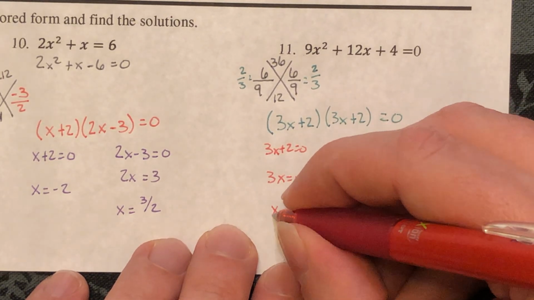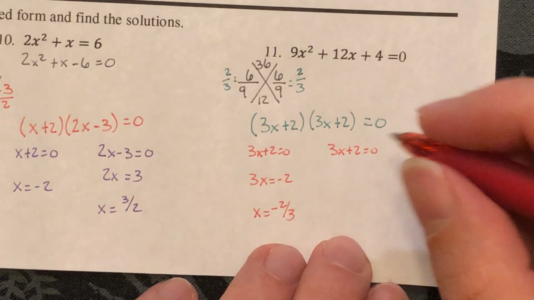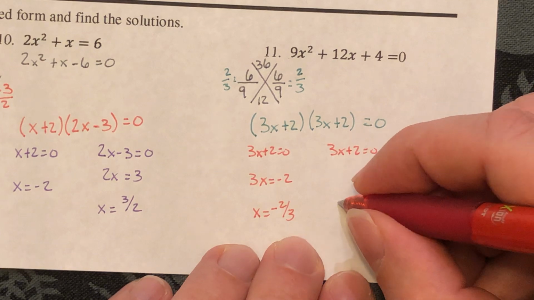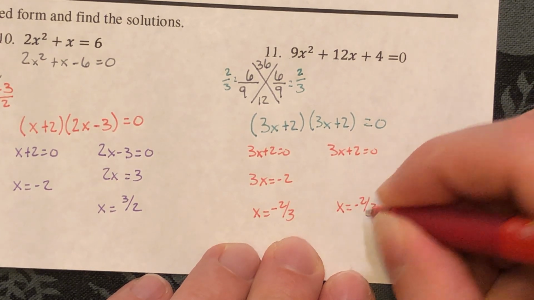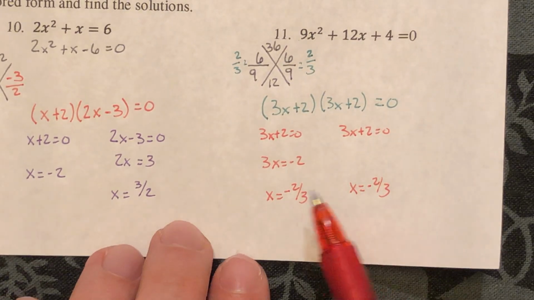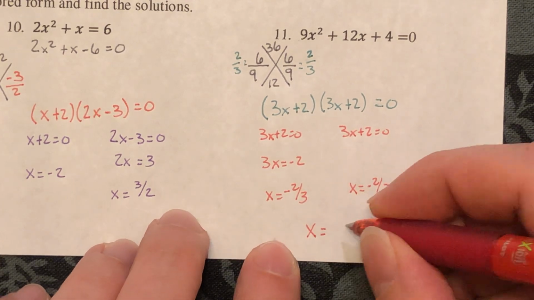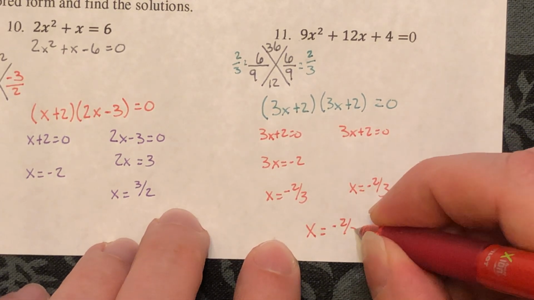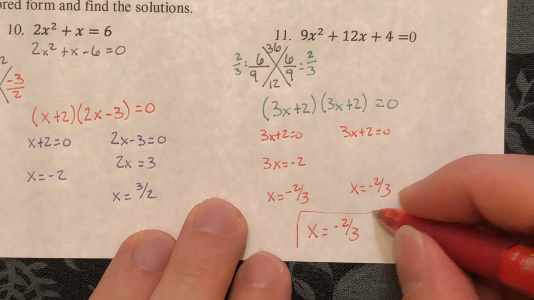Then divide by 3. x equals negative 2/3. And I'll get the same result here because those were the same factor. So for this one, I only have one solution, so I only need to write it the one time. It's just x equals negative 2/3.